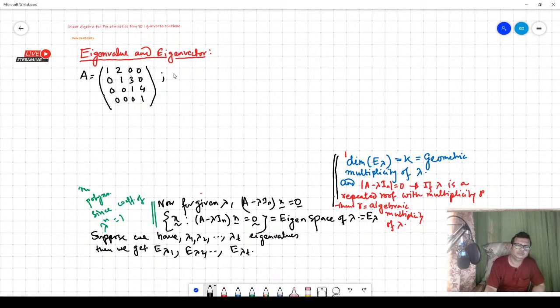Now determinant of A minus lambda I equal to 0.